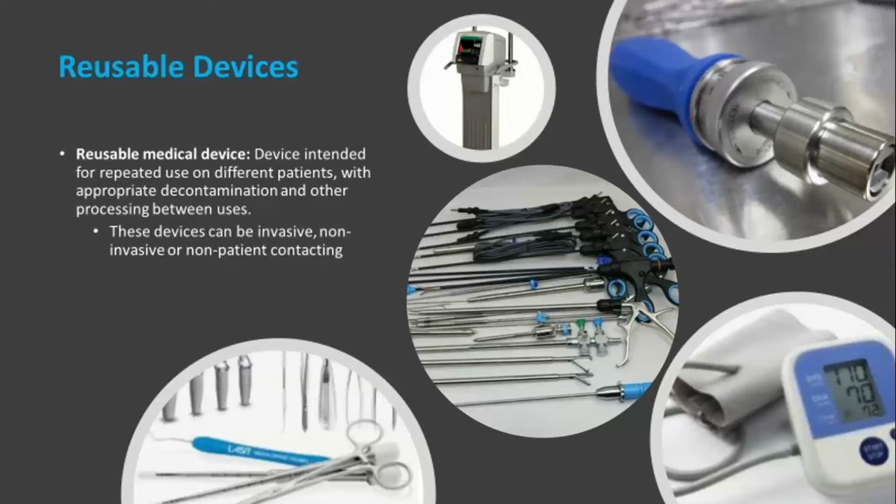Now for reusable devices, if you don't know, these are devices that are used repeatedly on patients. So they're used on one patient and then used on the second patient, but between that time you have to clean and disinfect, or clean and sterilize these devices. And so how can I make these devices used over and over and over again?